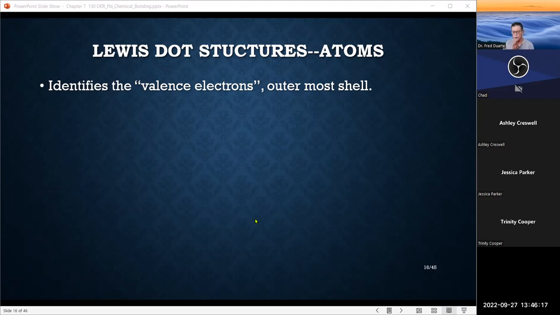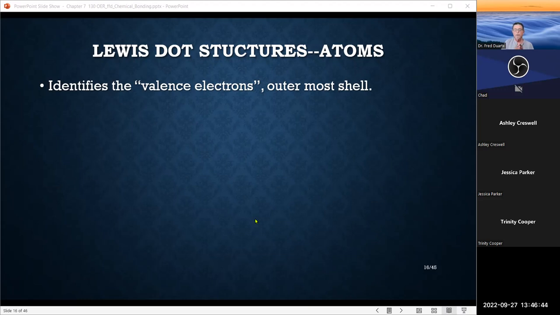But before we do that, we're going to just talk about the atoms themselves. I just introduced to you the dots on the valence electrons. Those are called Lewis dot structures, and they simply identify the number of valence electrons. We already know that I can determine that by finding the position on the periodic table and what group it's in.